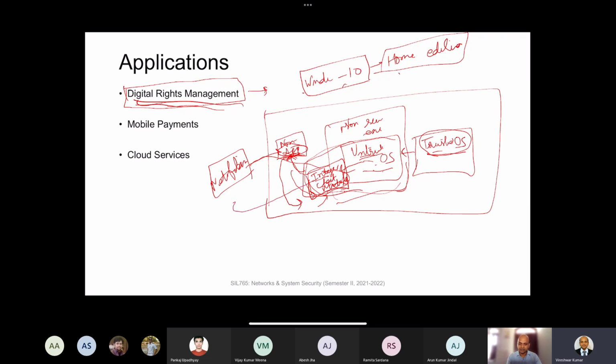Then this will respond with the corresponding hash, and Netflix will do the remote attestation that we just talked about. So this is now the third layer.